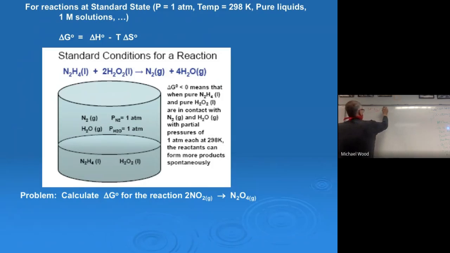Here is the delta S0 in joules over Kelvin mole. Here's the delta G0, and it is in kilojoules per mole. And there's two ways to do this. And so we've got NO2 and N2O4. So you have to be given these.